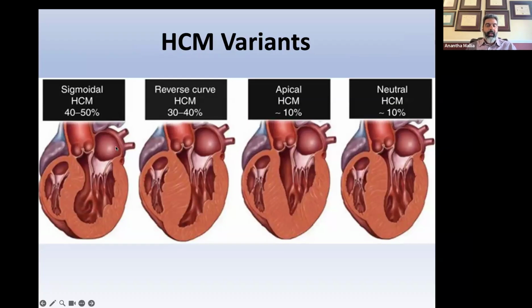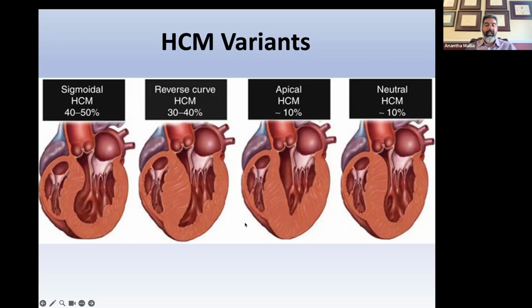They range from sigmoidal to reverse curve to what we call neutral HCM. These three variants, as you can see, involve significant hypertrophy of the septum. About 10%, maybe even less than 10%, of the cases of HCM involve the apex, what we call apical HCM, where the septum itself is less involved, and the apex of the heart tends to be more involved.